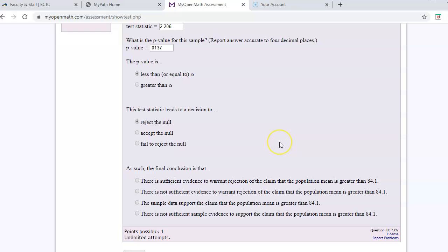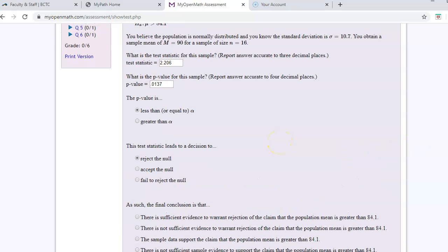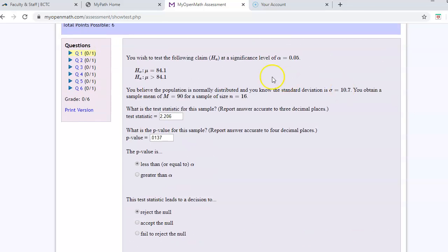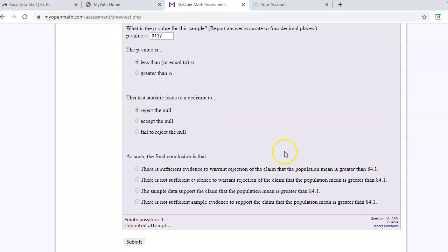When we reject the null, we're essentially embracing the alternate hypothesis. We want to say there's enough evidence to show that the alternate hypothesis is true. And our alternate is that the mean is greater than 84.1. So if we look down here, we're looking for something that says we have enough evidence to show the mean is greater than 84.1.